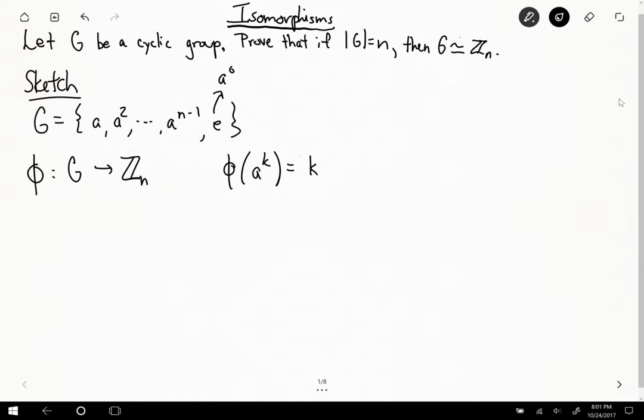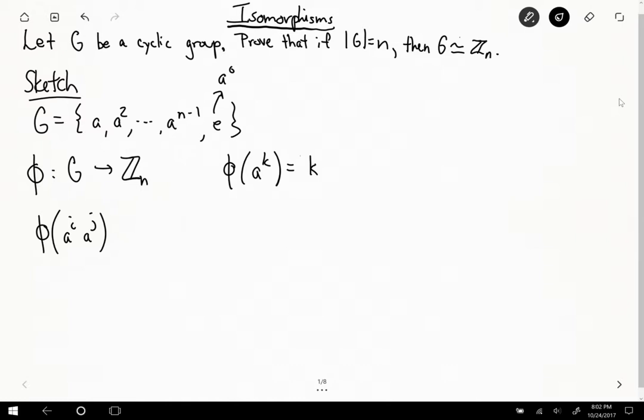So now in order to do this, we've got to show first that this is a homomorphism. So how do we show that that's a homomorphism? Well, all we need to do is go through a calculation. We know that anything in G is of the form a to the i, a to the j, and you have some operation here.